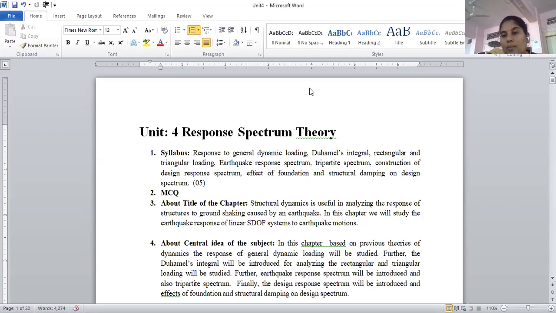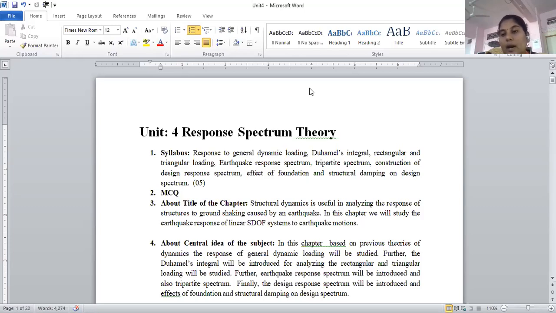In the earlier chapter we saw things from the theoretical point of view, but in this chapter we'll see with respect to the graph, and that graph we get in terms of the spectrum. That graph shows the velocity, displacement, and acceleration, and how much difference occurs for the structure.